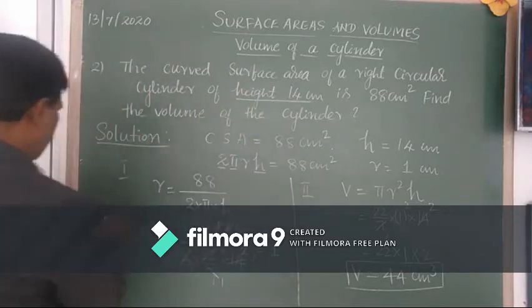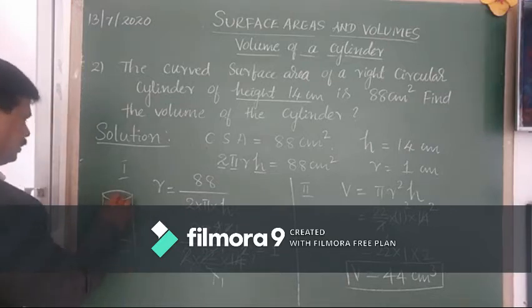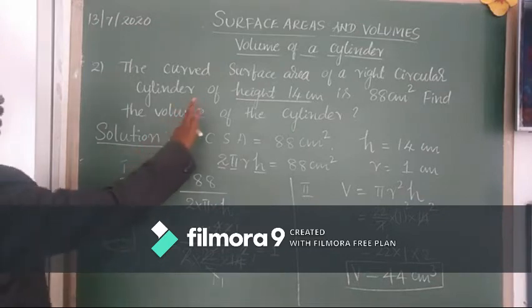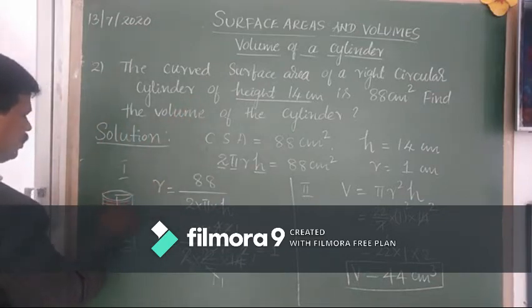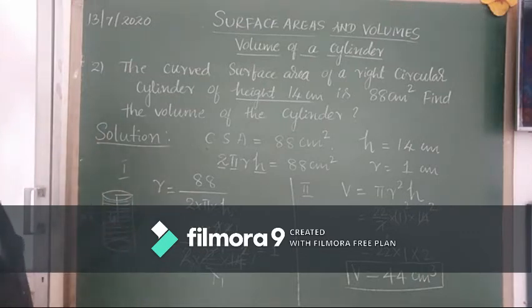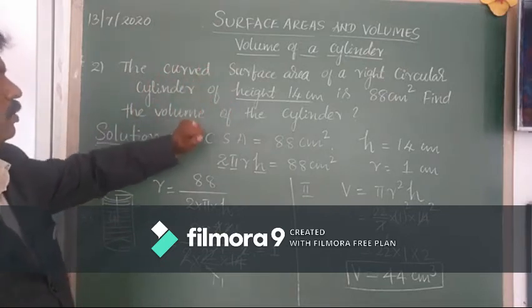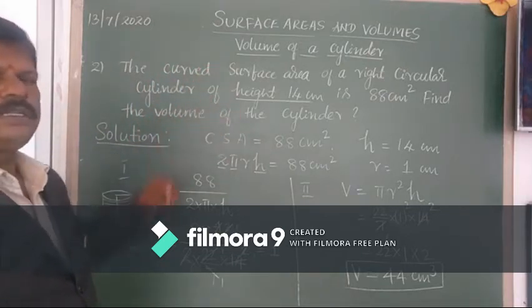Here this is the cylinder. Its height is 14 centimeter, and this is its curved surface area. This curved surface area is given as 88 square centimeter. So this is the meaning of the question: find the volume of the cylinder.